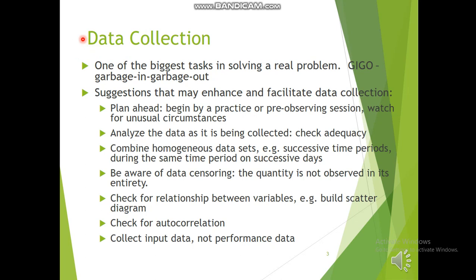For example, successive time periods, say one set of data between 1 p.m. to 2 p.m., that is homogeneous data, or the same time period on successive days, that may be from Monday to Friday. So you have to combine these homogeneous data sets.